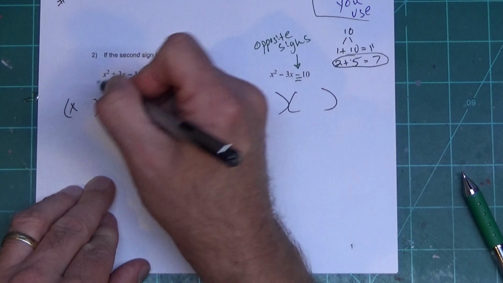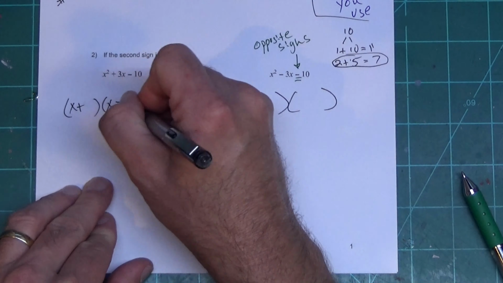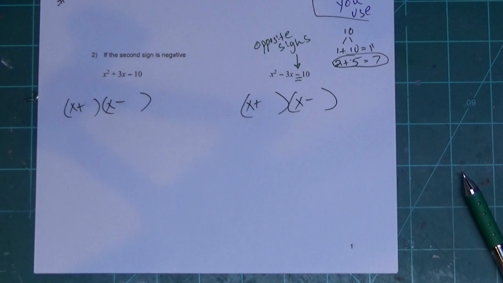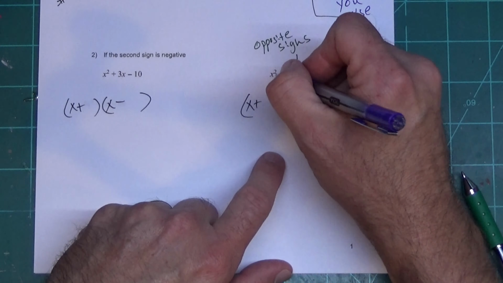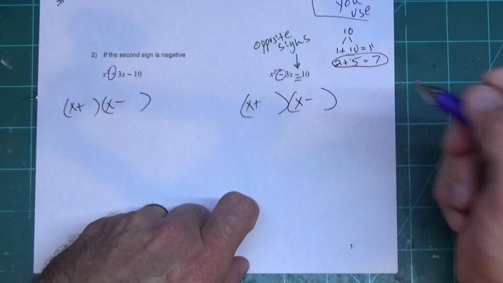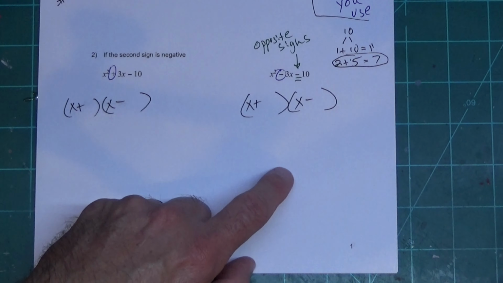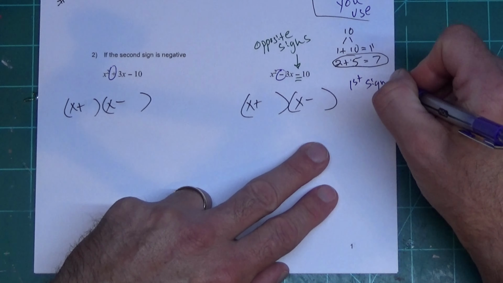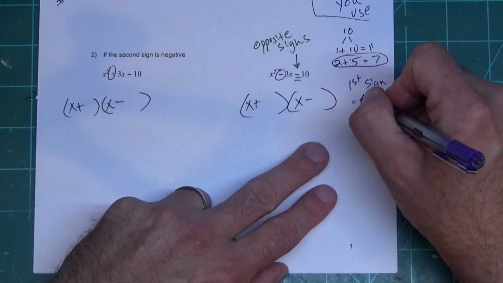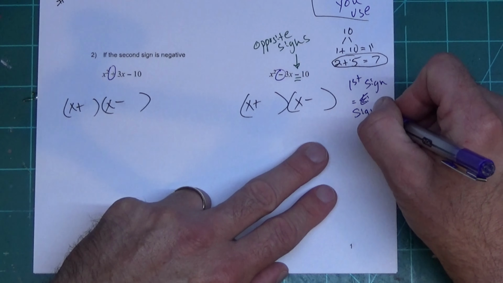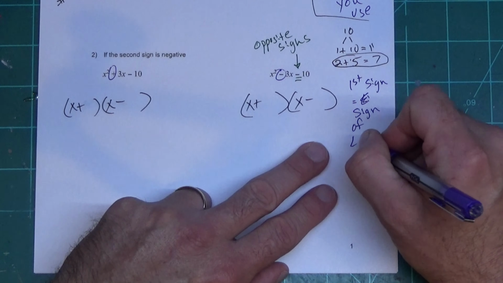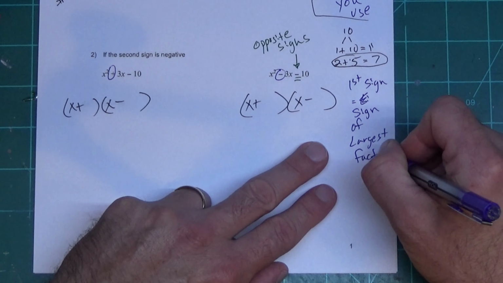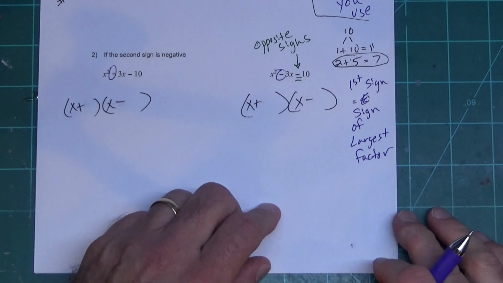So this will be x plus and x minus. This will be x plus and x minus. Now, the first sign will be the sign of the largest factor.